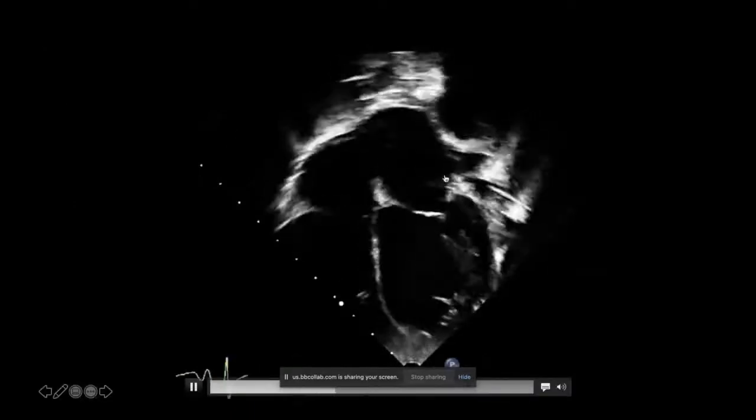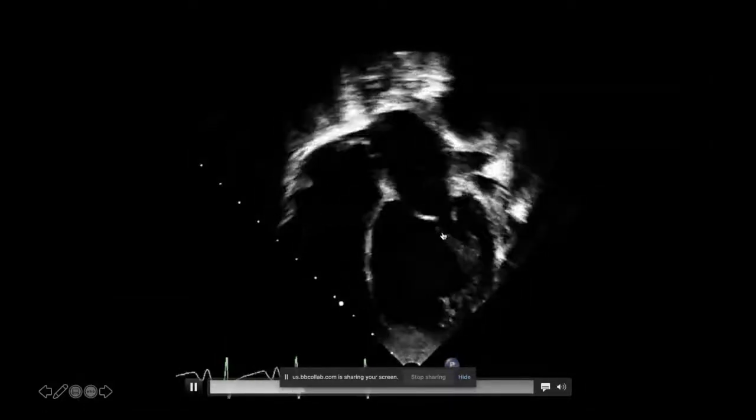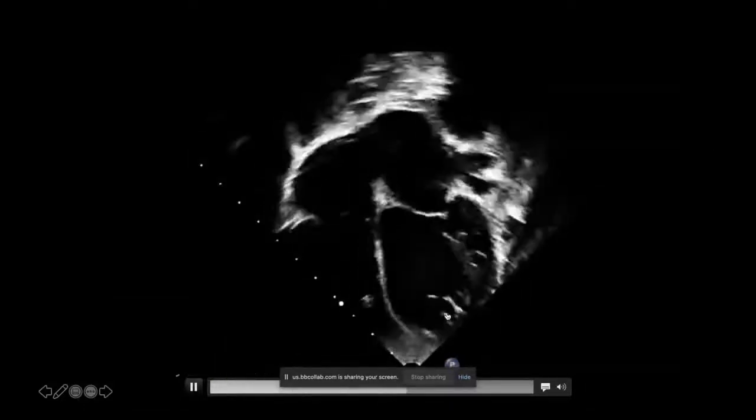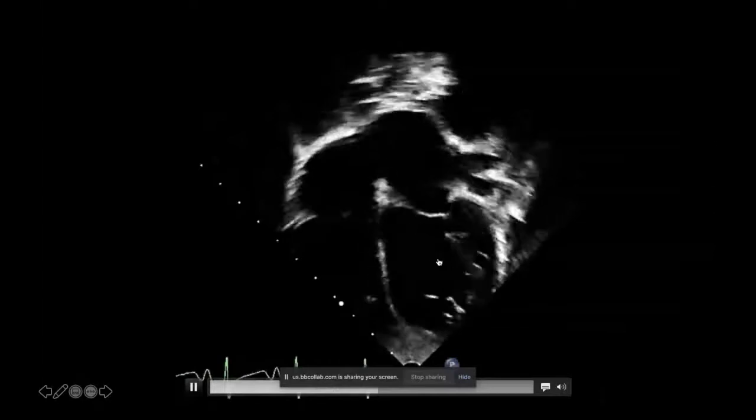Okay, so I hope all of you can see this. This is an echocardiogram clip of a baby who came in with SVT. So just to orient everyone, this is the left atrium, this is the right atrium, this is the right ventricle, this is the left ventricle. And I can tell you that this left ventricle looks very globular, it looks dilated, and the function is significantly depressed.